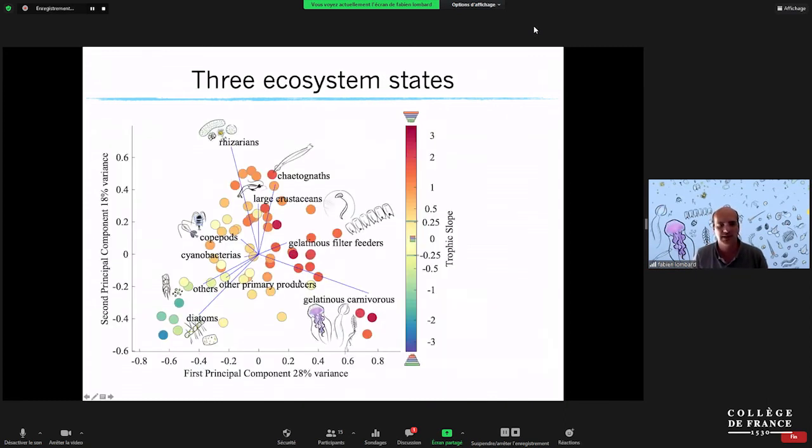When we analyze a little bit more deeply the functional composition of that ecosystem, there are some other things that appear. Basically, this is a principal component analysis on composition. And what we get is that the full data set, which encompasses the full ocean, basically spans three states in the ecosystem.